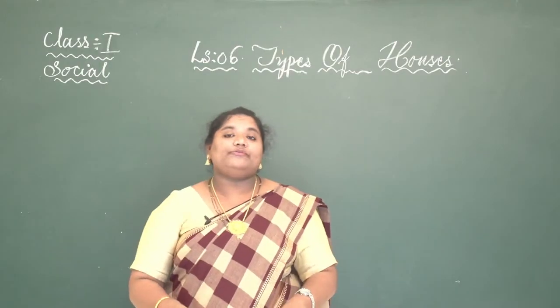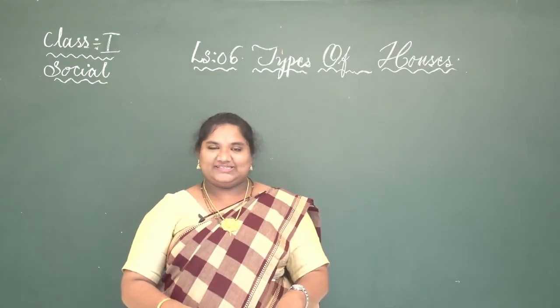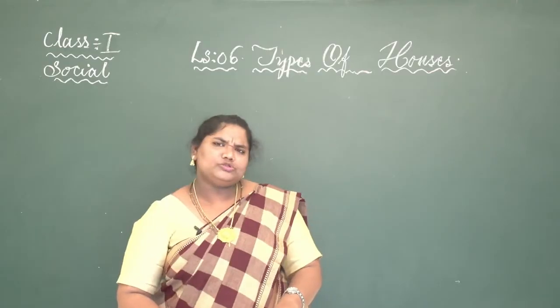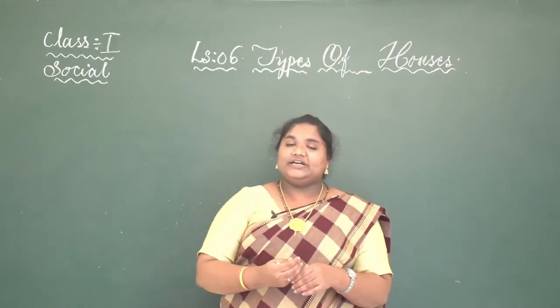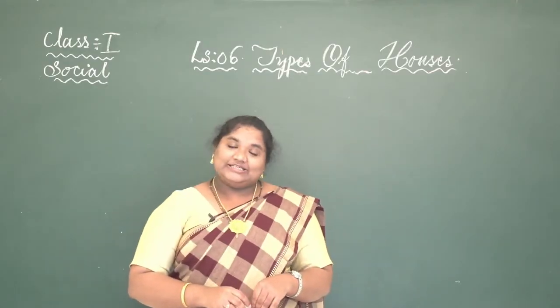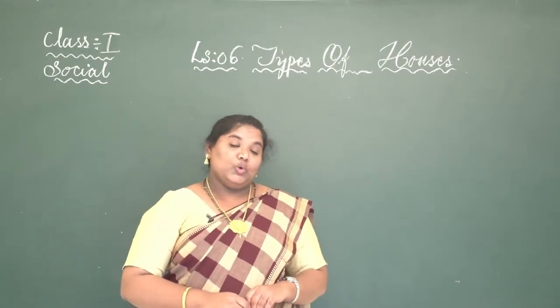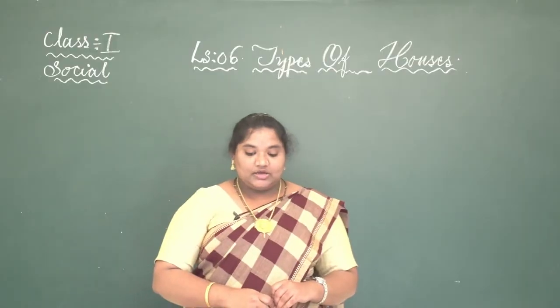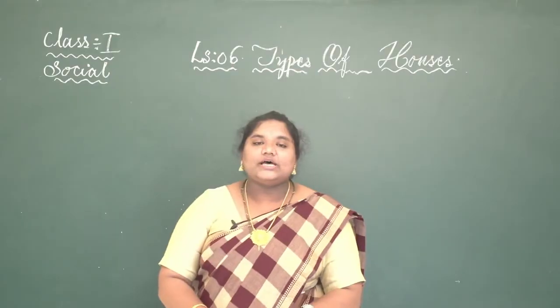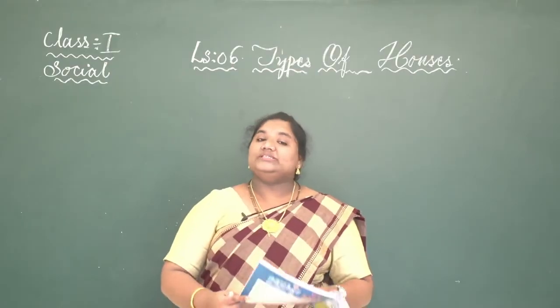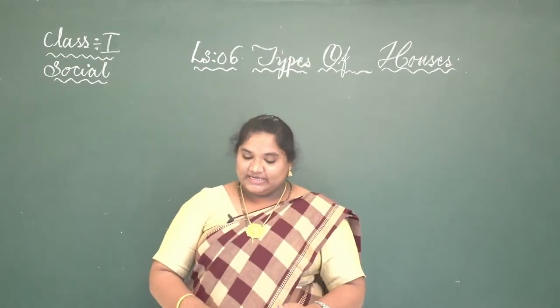So here are a few types of houses. In your textbook, you might also have learnt earlier in your primary year class about types of houses. What are they? Like bungalow, tent, hut. So these are all different types of houses. Now we are going to learn in detail.